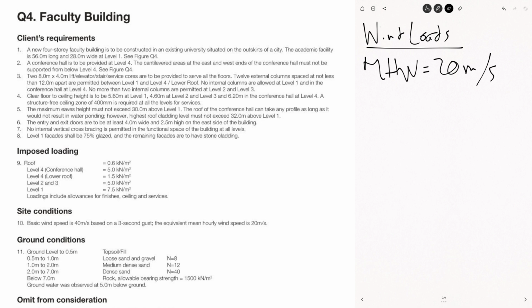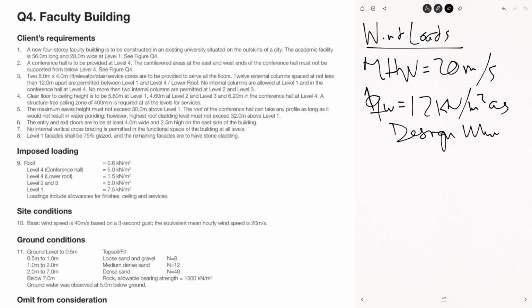Based on that, I'll say that my design wind load is going to be 1.2 kilonewtons per square meter as design wind load for a normal site location. Okay, that's fine. Now we're going to start designing our first primary structural element, which is going to be the truss.